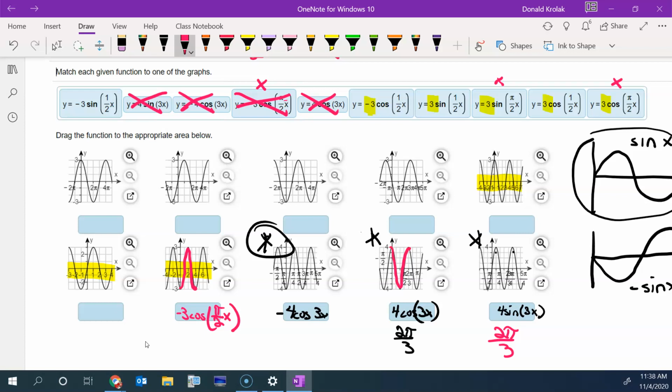Then I'm going to do the same thing. This one over here is just the same graph, but right side up. So that's right here. That period there is 4, so this one is the 3 cosine 2x. And then the only one left has to go with the sine.